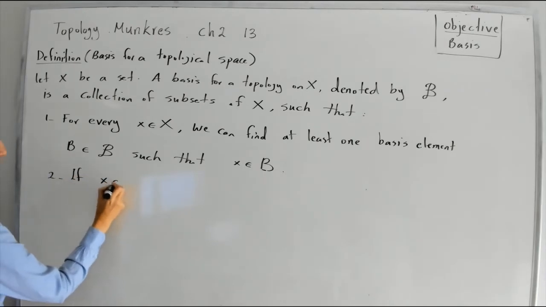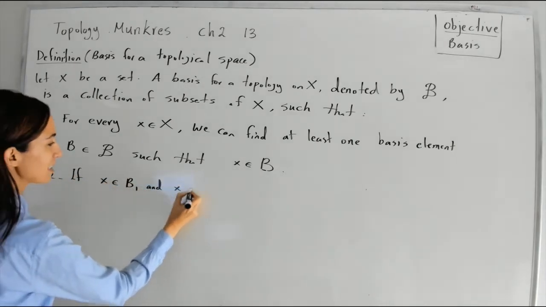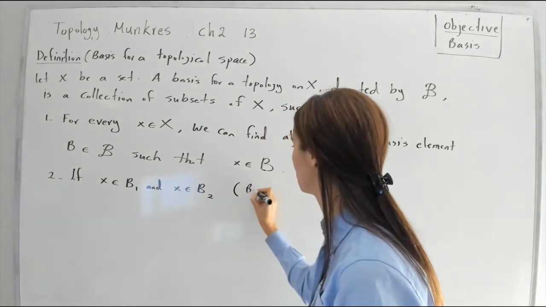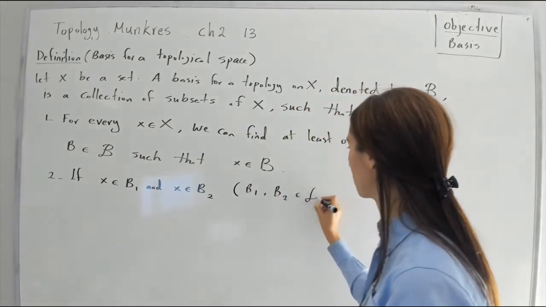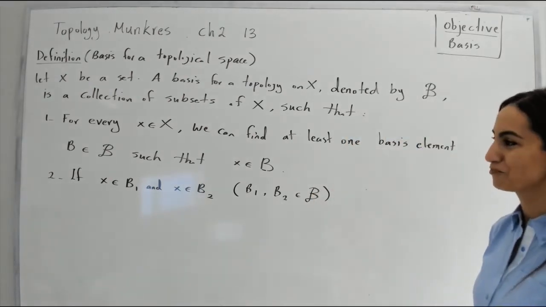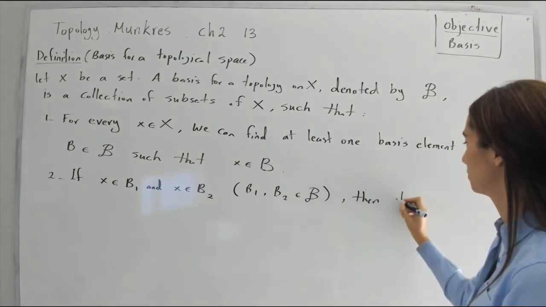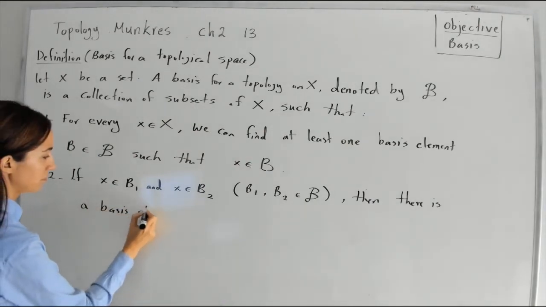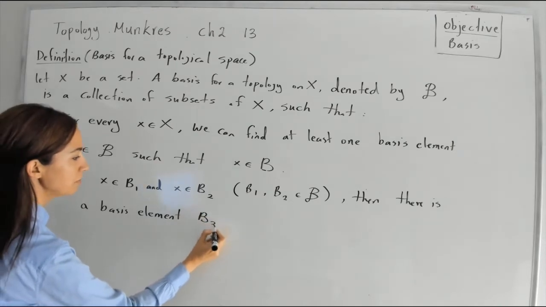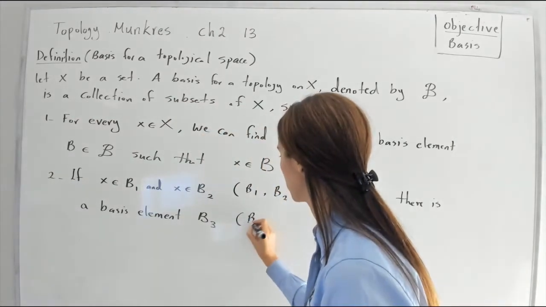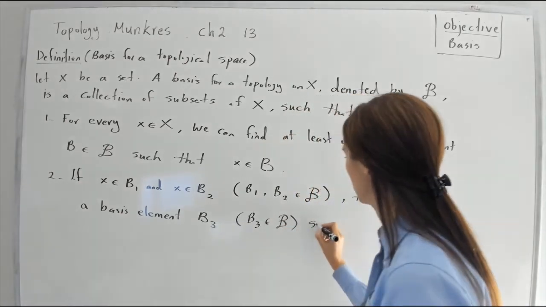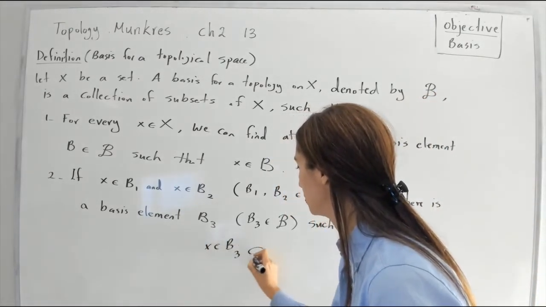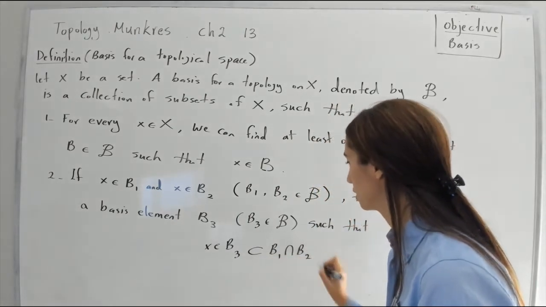So if X belongs to B1 and X belongs to B2, where B1 and B2 are basis elements, both of them members of beta, then there is a basis element like B3, which belongs to beta, such that X belongs to B3 and B3 is a subset of B1 intersection B2.